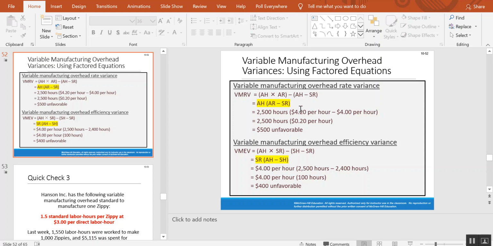Okay, that's very close to what the labor rate variance is. Now, if we come down to the variable manufacturing overhead efficiency variance, it's going to be very similar to the labor efficiency variance because we're going to take the standard rate, the actual hours used minus the standard hours, and so we're looking at that difference in the number of hours that we've used.